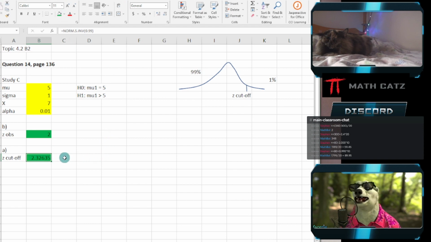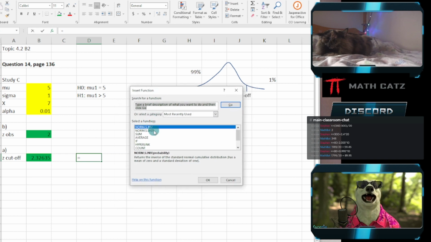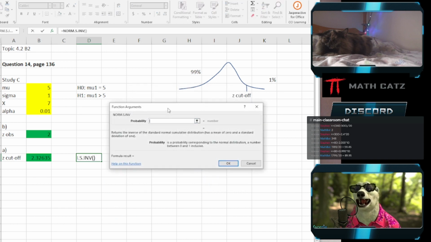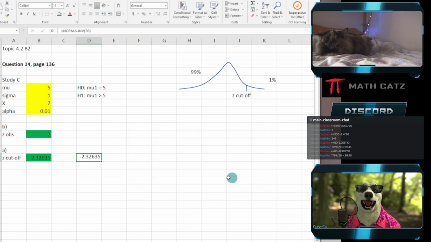Now there are other ways we could have done that. I'll just put it over here. We could have used the inverse formula, because we used it, it's up in the list of frequently used functions, so that helps a lot. We could have put in the probability our alpha, and then we would get the negative side, right? Because of the symmetry, it is always going to look at the left side.